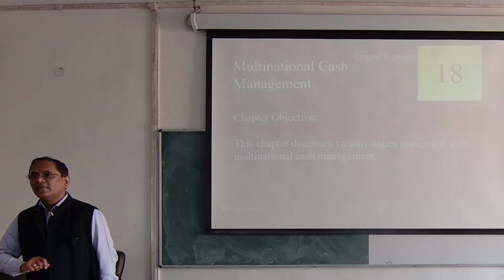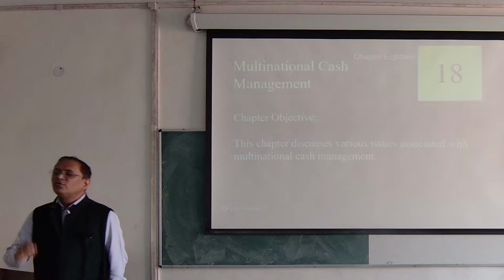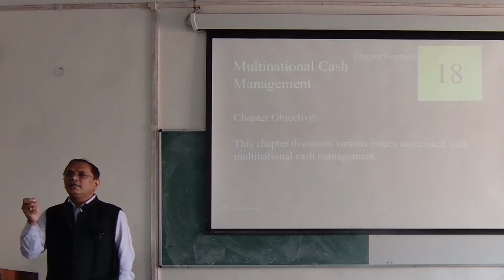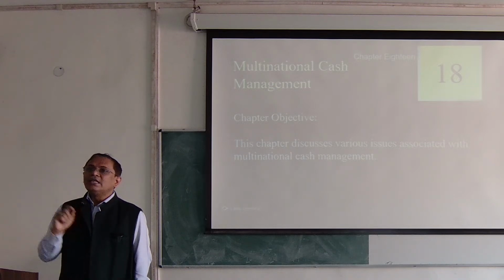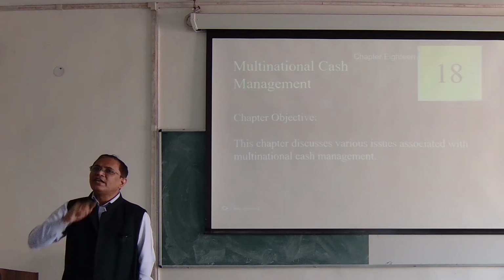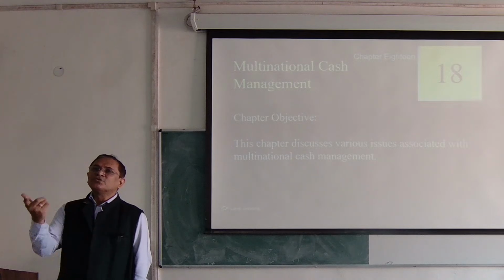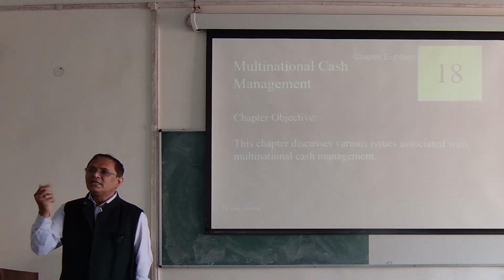Now what is that? What the numerical starts here? You have to evaluate that if you are offering a discount to your own party, how much is going to be the cost? And instead of that, if you borrow from a financial institution for that period, how much is going to be the cost? Cheapest should be taken.